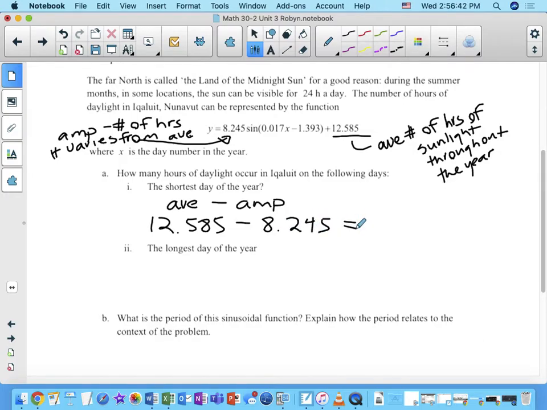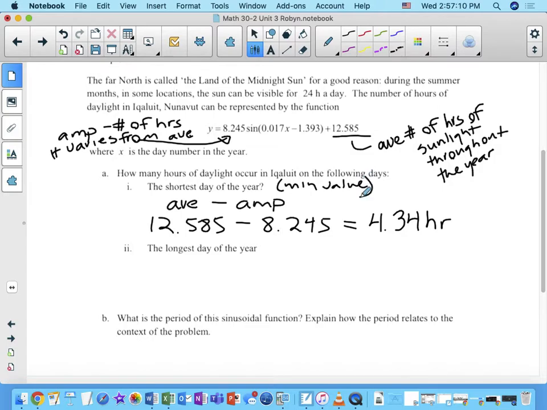Whatever that is, 4 point something. I don't know what it is. You guys tell me. 4.34 hours. Okay? Shortest day of the year, by the way, is the min value.